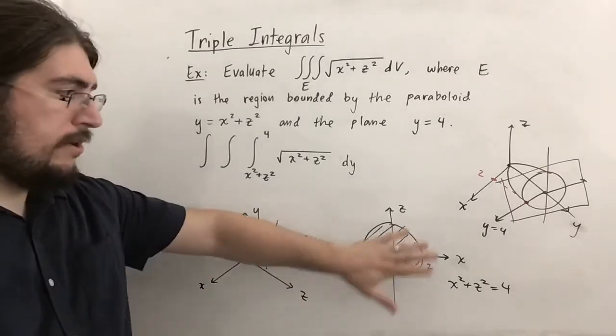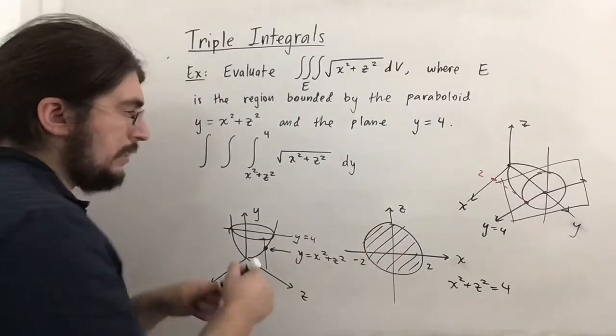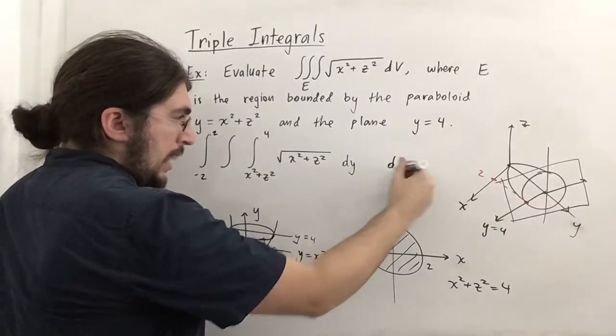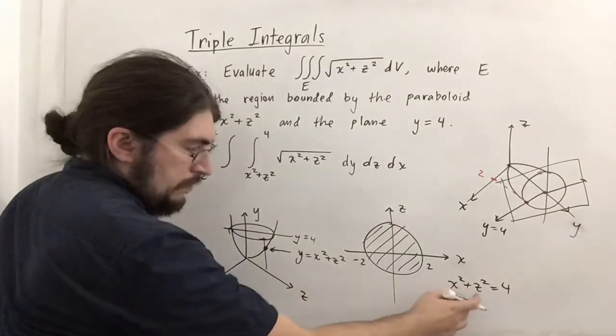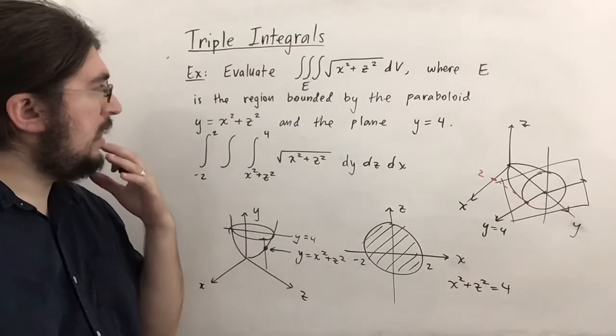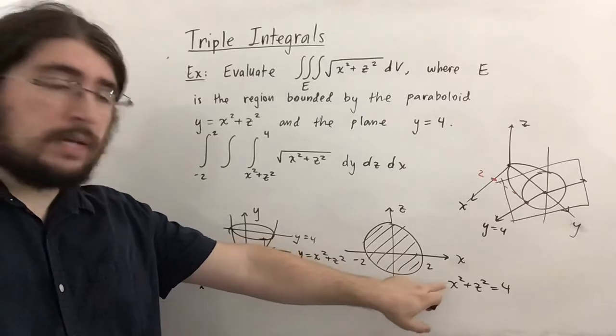Now here, we can do x last, negative 2 to 2 still, and then dz would be in the middle. The largest z can be is, well, it's kind of like what we did for y in the previous one. Here we're going to solve for z and we'll get a radical.